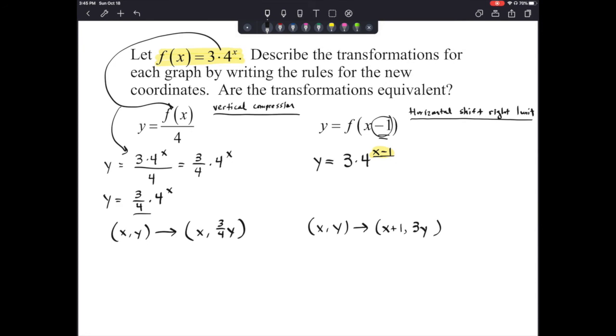So are these two things going to be equivalent transformations? I mean, these rules look completely different down here, don't they? But let's graph each of them and see what we get. Let's graph this, and let's graph this and see what the tables look like.